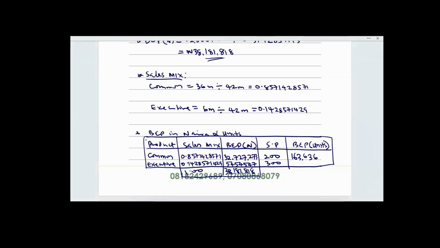Let me confirm the second one again. 0.142857143 multiplied by 38,181,818 equals 5,454,545. Right, it's true. So thank you. Then divide by 300 naira equals 18,181.8, 18,182. That's it. That's the end of the question.